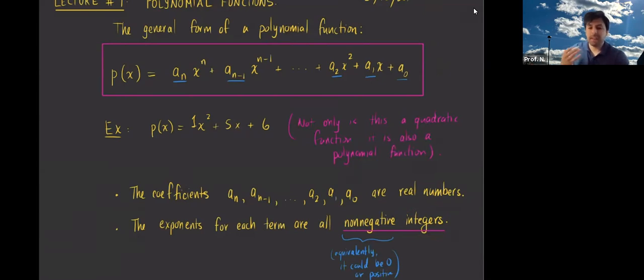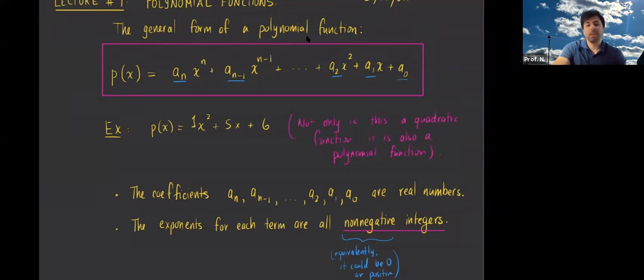First of all, they can't be negative. The exponents can't be negative. And they also can't be what? Decimals, right? They can't be fractions. And they can't be anything strange like irrational numbers. Very good, Chen. That's right. So it can't be those things. The moment you see that, then it's not a polynomial.